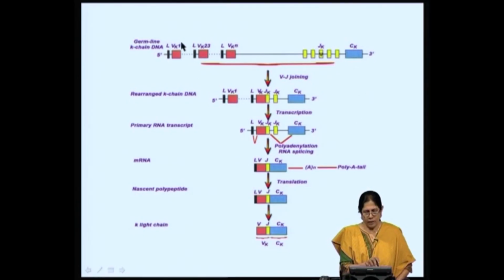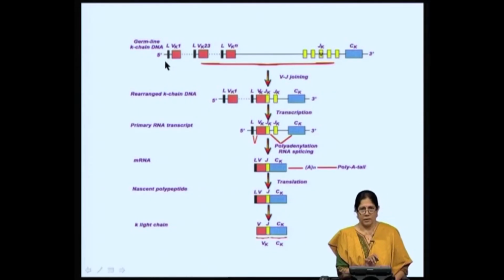Now, every V gene segment is separated by introns from the other V gene segments and separated by a large stretch from the J gene segments. On the 5 prime side of every V gene segment, there is an L segment, or the leader peptide segment.